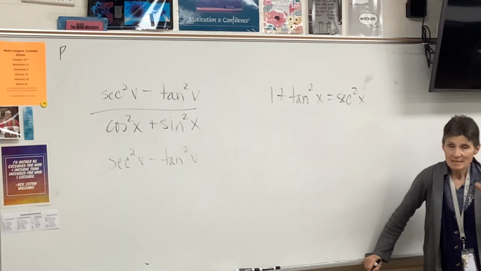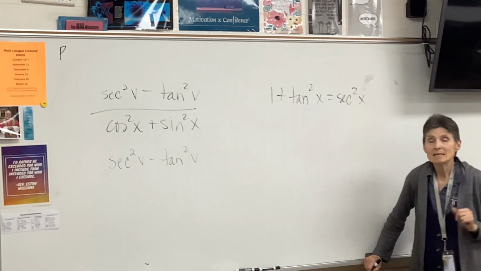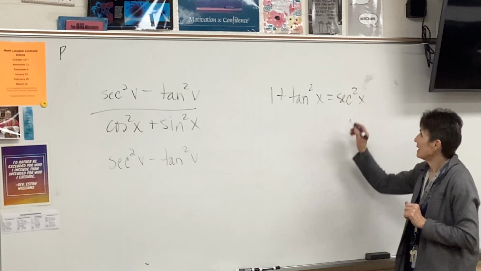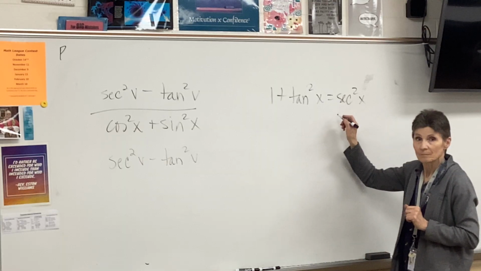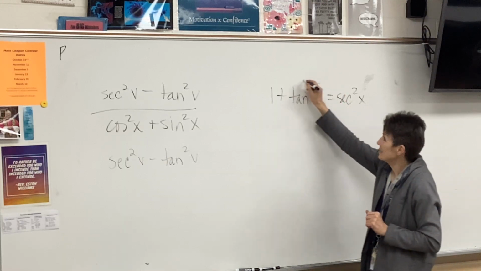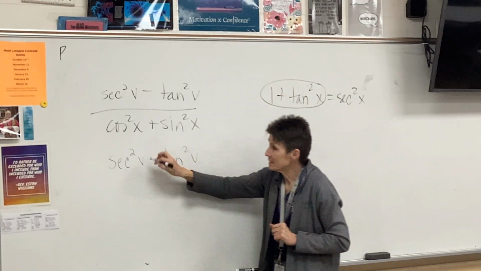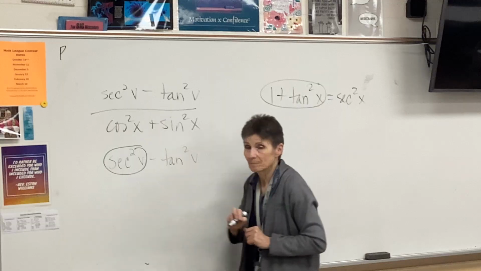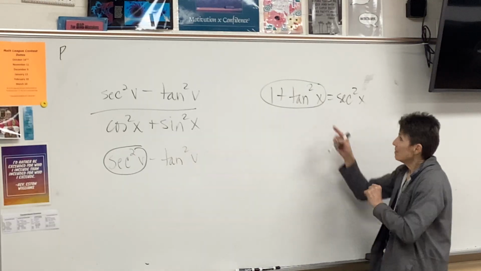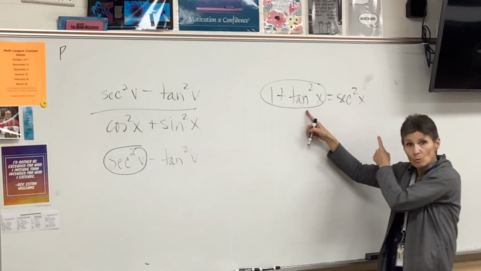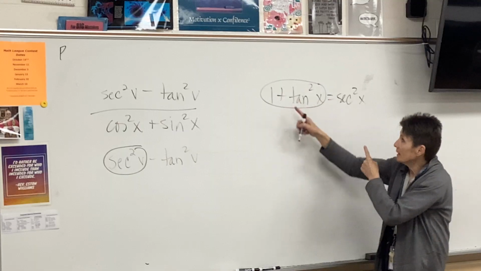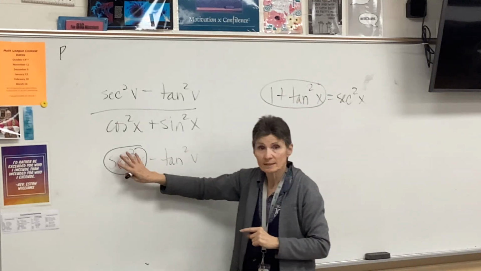Now, what does that mean? That means that when you see a secant squared, since secant squared equals this, that can replace secant squared. That is the same as secant squared. So I am going to cut this out and paste it right there.